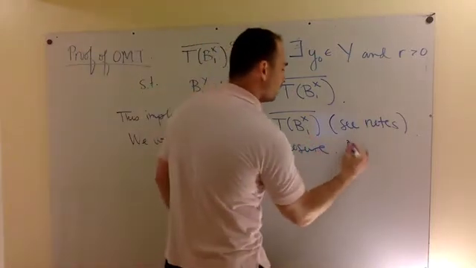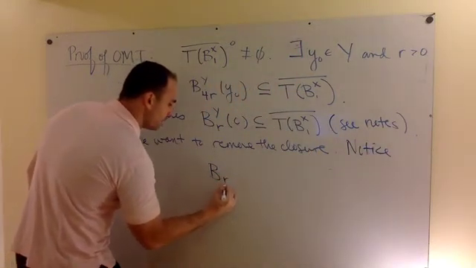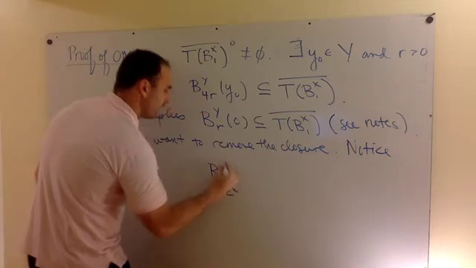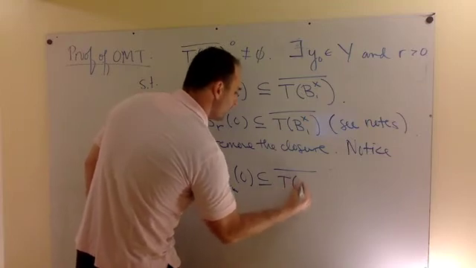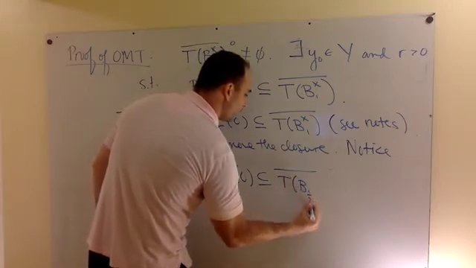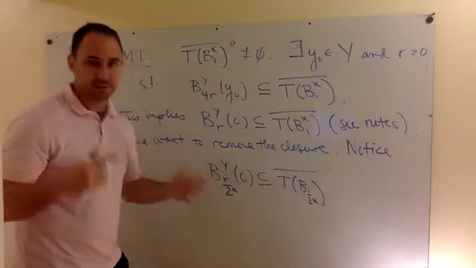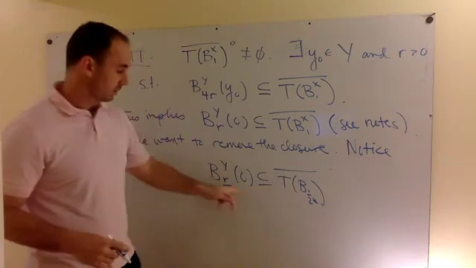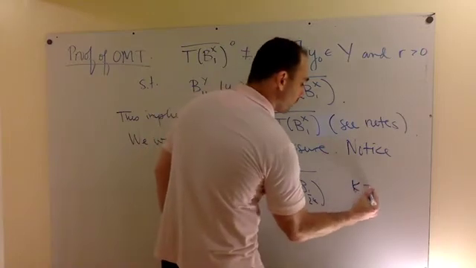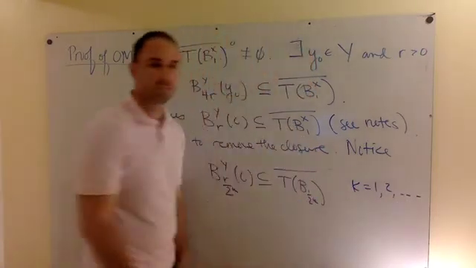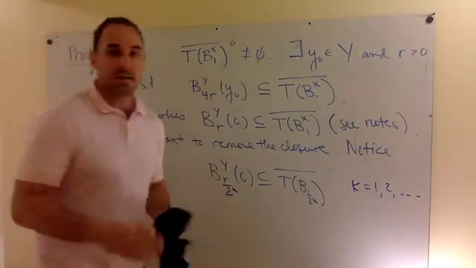So notice that this scales, and I'm going to leave it up to you to check the definition if these little things are bothering you. This works, okay? So ball of radius r/2^k, ball of radius 1/2^k, and so on. All right, so now we're kind of rolling. Let's do this.